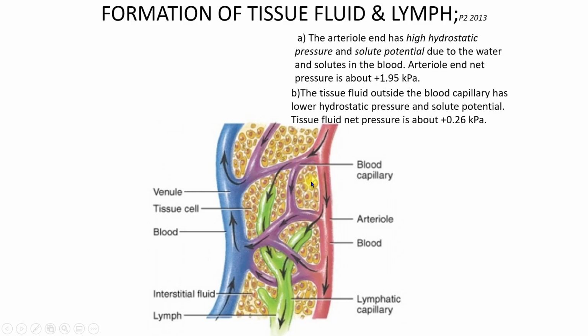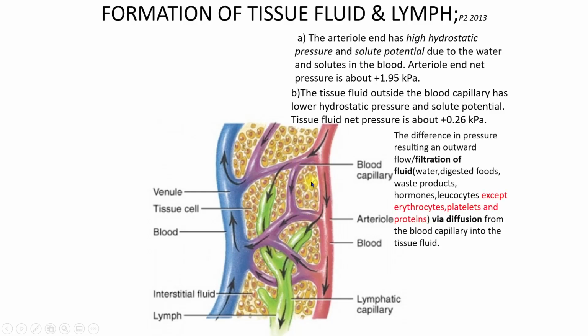So the difference in pressure between the arterial end and the tissue fluid will result in outward flow or filtration of fluid, via diffusion from the blood capillary into the tissue fluid.